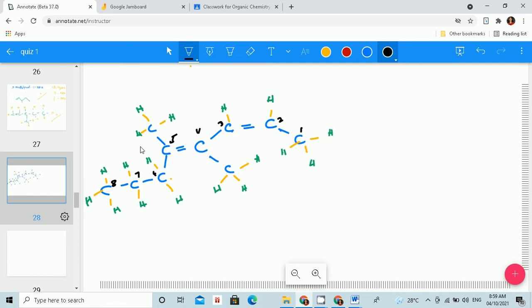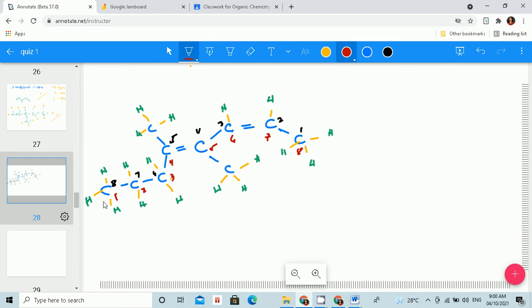And then for the double bond, we have 2 and 5. If we count from here, we will have 1, 2, 3, 4, 5, 6, 7, 8.